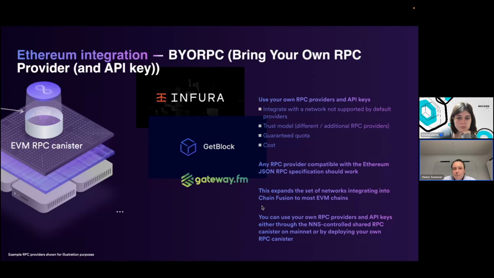And if you run into problems, please create an issue in the GitHub repository for the RPC canister so that we can look at it. And yeah, this gives you now a very, very powerful way to integrate with EVM chains that are not part of the default setup. So it's a very broad-based way to integrate with other chains.